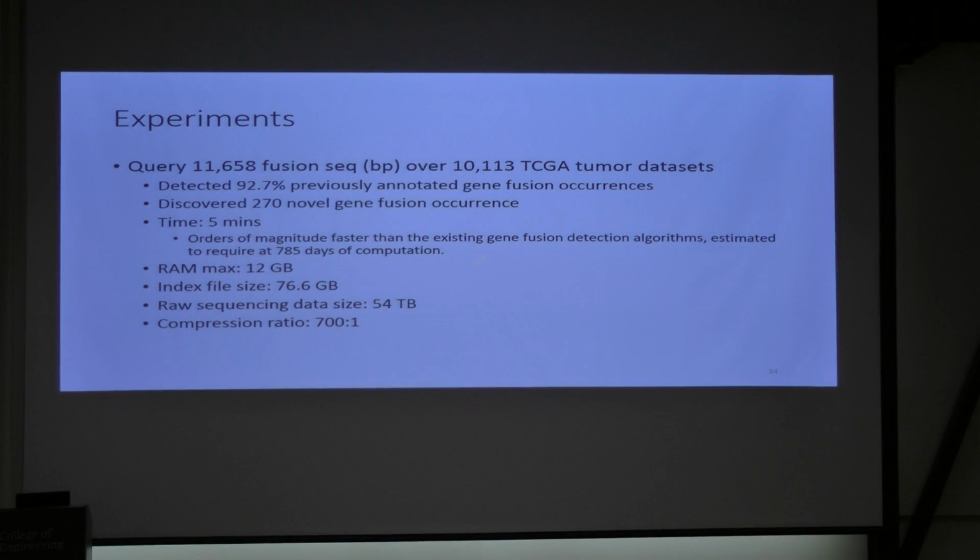We have an estimate that even using the most efficient algorithm currently available, it may require around 785 days of computation to get the result of the gene fusion presence. And it only requires 12 gigabytes of memory, and it also achieves a great compression ratio. It only uses 76.6 gigabytes to support the query of the raw sequence data of 54 terabytes.